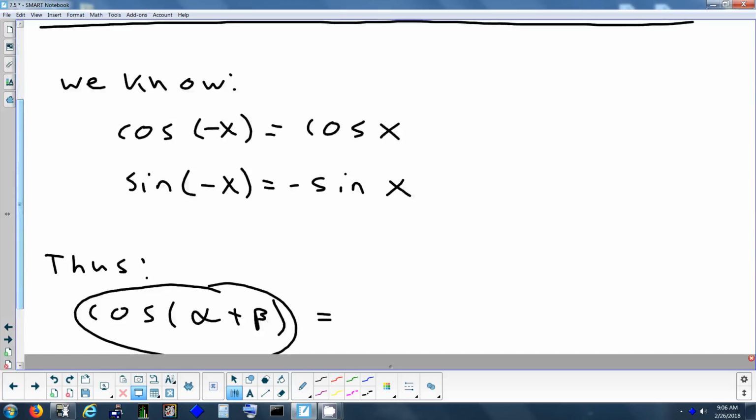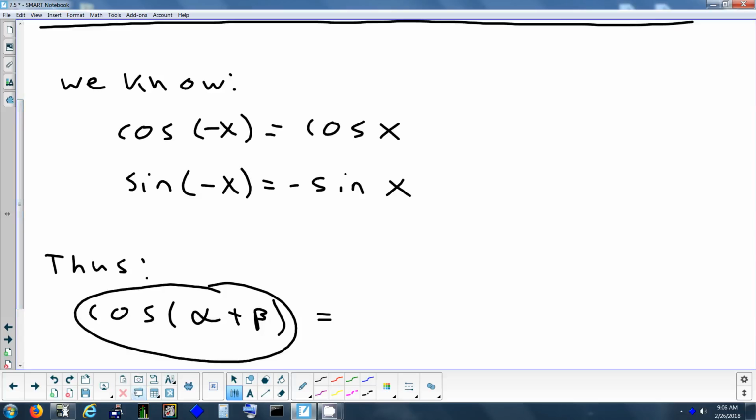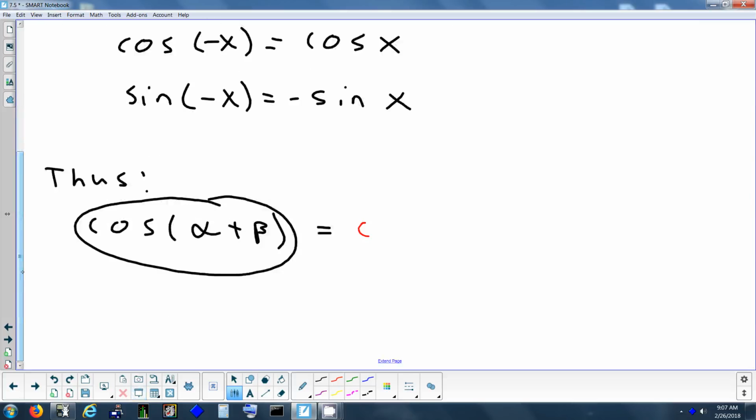Okay, so let's see if we can figure out cosine of a sum. Right now we know cosine of a difference. So if we're going to use that to figure it out, we need to rewrite a sum as a difference. Anyone think they could tell me how I could rewrite what I have in parentheses, alpha plus beta, as a difference?